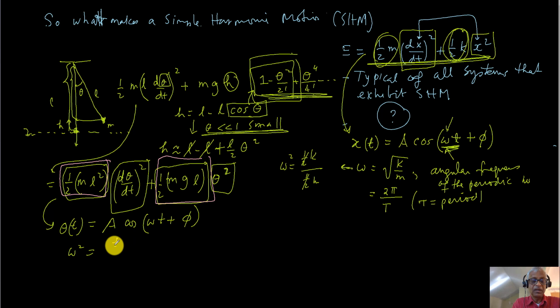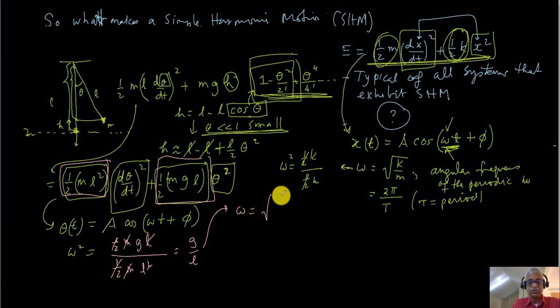So we have half mgL divided by half m L square. The half cancels, m cancels, and this is g over L. So omega is the square root of g over L, taking just the positive root because it's a frequency, and it equals 2 pi over the time period. So the time period for a pendulum is 2 pi square root of L over g.